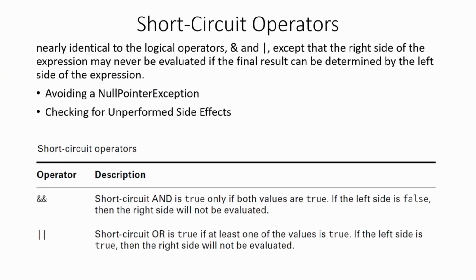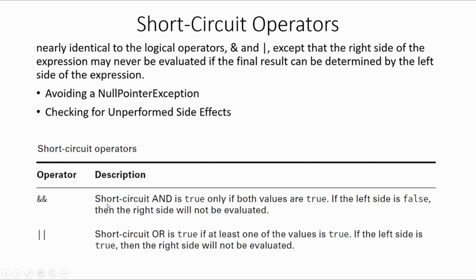Next, short circuit operator. There are two short circuit operators. They are identical to the logical operators AND and OR, so we put double AND and double OR for the short circuit. What is the difference? The right side of the expression may never be evaluated if the final result can be determined by the left side of the expression.